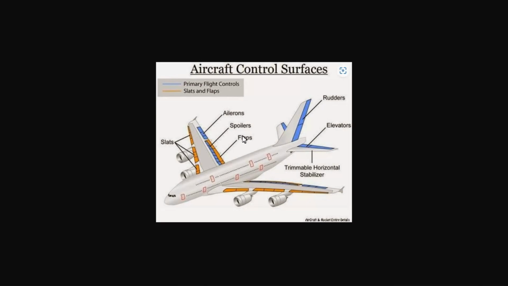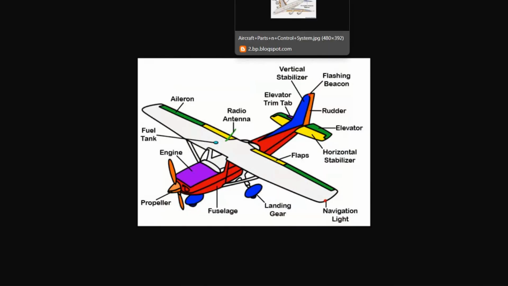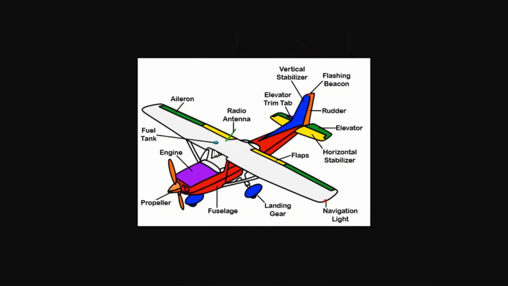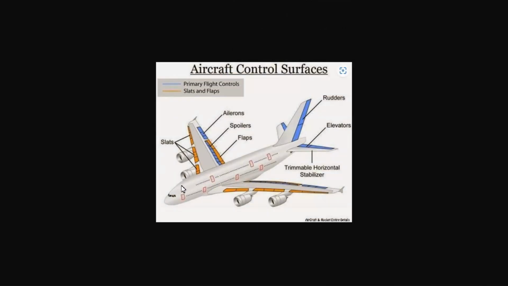And what are secondary controls now? If you take an example of a normal aircraft, as I show in this photo, it is a normal aircraft. It doesn't need anything specific to carry, just two pilots, so it doesn't need much buoyant force or high lift force. But if we have a cargo aircraft or a passenger aircraft, it needs something more for lift.